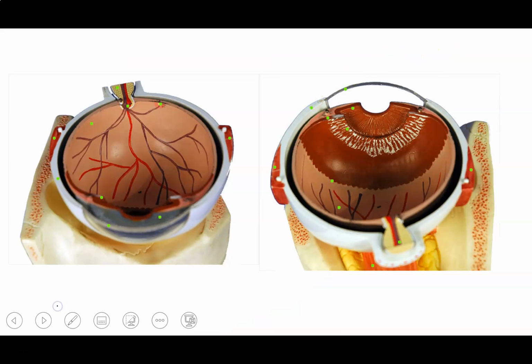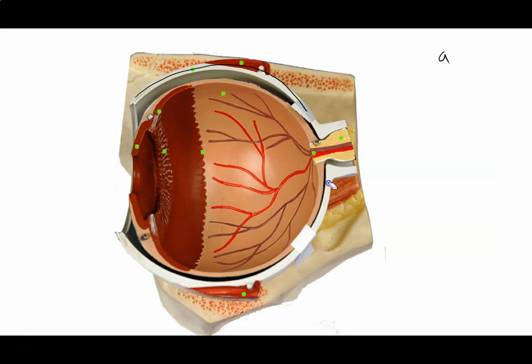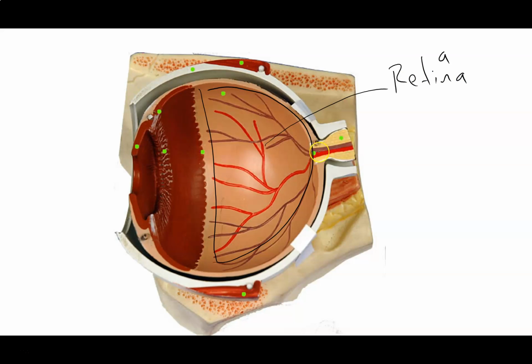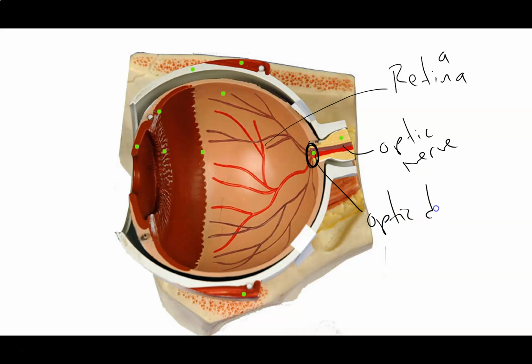The way the model is constructed, you don't really get to see the choroid from this image, but this tan material right there is the inner surface of the retina. The area right here is the optic nerve, and the area where the optic nerve plugs into the retina is the optic disc.